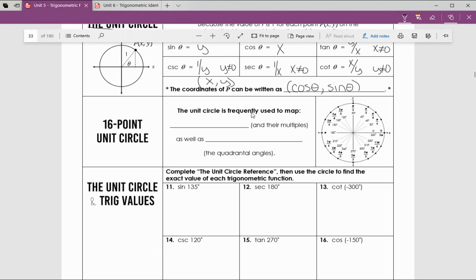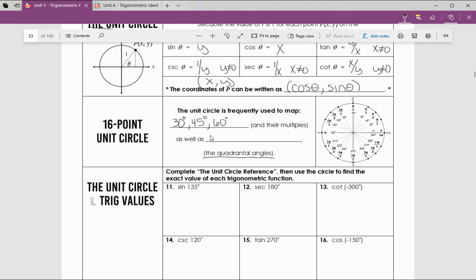Now, the unit circle is frequently used to map 30, 45, and 60-degree angles. And we talked about that, how in every quadrant there is an angle that is 30 degrees from the x-axis, 45 degrees, and 60 degrees. And any of their multiples, of course, as well as what they call the quadrantal angles.